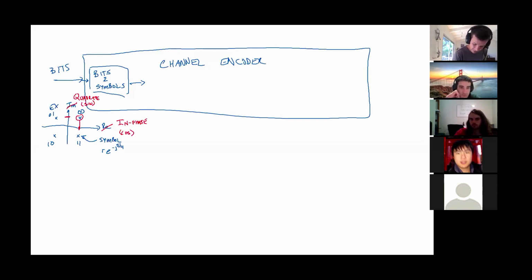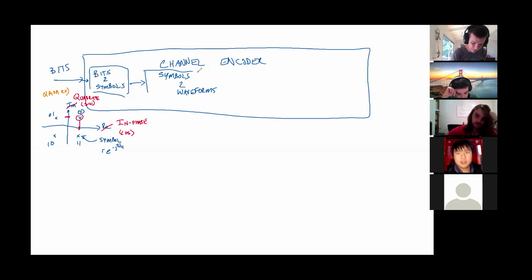This is an example called Quadrature Amplitude Modulation. And it is one of a number of ways that we are going to map bits to symbols, and then symbols then get mapped to waveforms. So then we do the next operation. So symbols to waveforms.